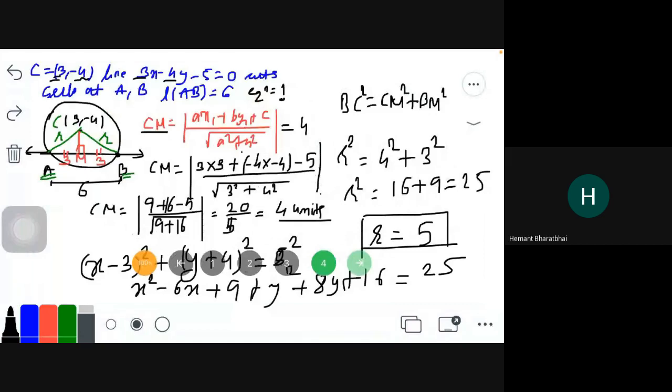Somewhere some mistake, I guess. What mistake did I do? Sorry, this CM is 4, right? So 4 square plus 3 square, that is going to give me this.